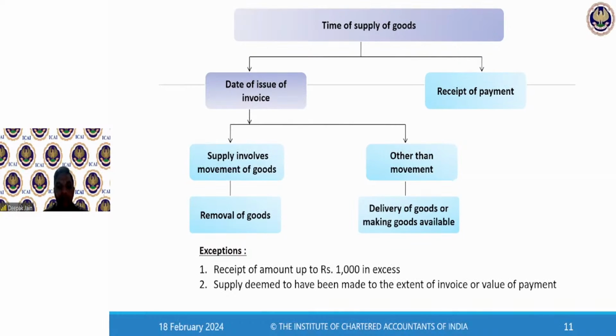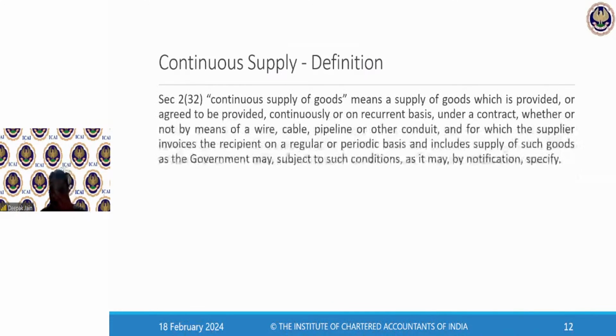Next, in case of a continuous supply. So normal supply we understood. Now there is something called continuous supply, which is defined. Continuous supply of goods means the supply of goods which is provided or agreed to be provided continuously or on a recurrent basis under a contract, whether or not by means of a wire, cable, pipeline, or conduit, and for which the supplier invoices the recipient on a regular or periodic basis, and includes supply of any goods as the government may, subject to such conditions, by notification specify.